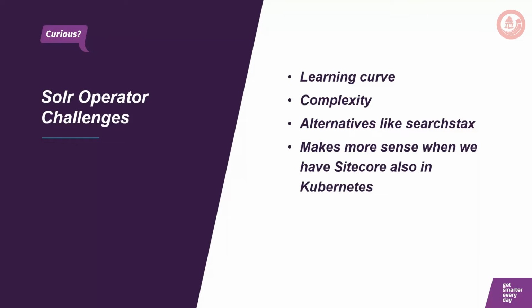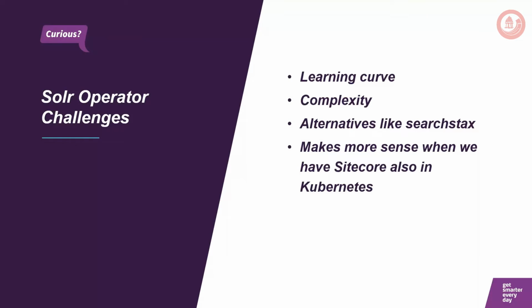Also, one of the challenges of Solr operator is if you do not have your Sitecore environment in the Kubernetes cluster, then it might not make sense to go with this option. If you have your Sitecore in Kubernetes, then obviously it makes sense, because you already have the cluster and the environment. On top of it, you can just have your Solr Cloud as a separate namespace in the same cluster.